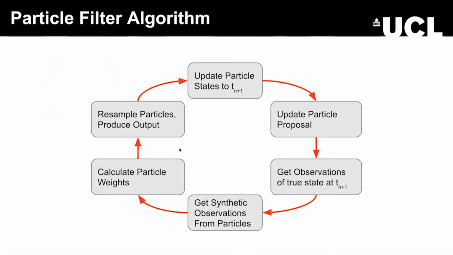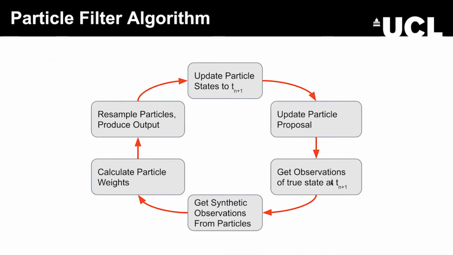So this is my naive understanding of the particle filter algorithm, what needs to be implemented in the software. If you start at the top, we're updating particle states using our forecast model. Then we update the particle proposal that we're going to pass through the filter, and that can be just the states or something else.